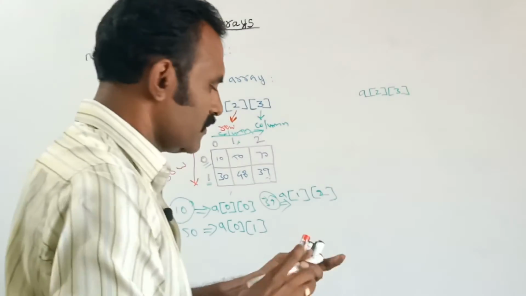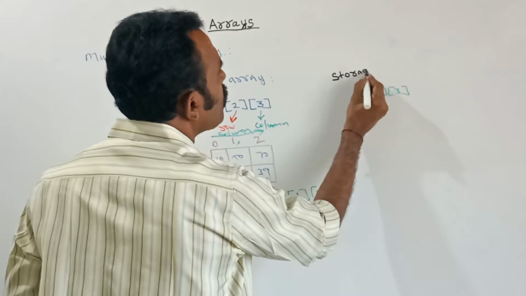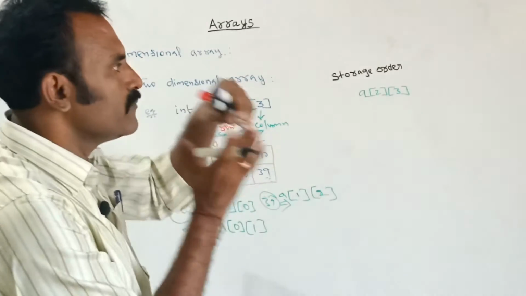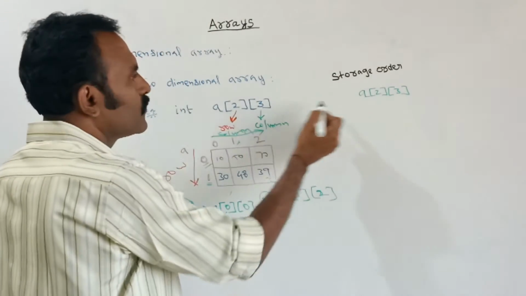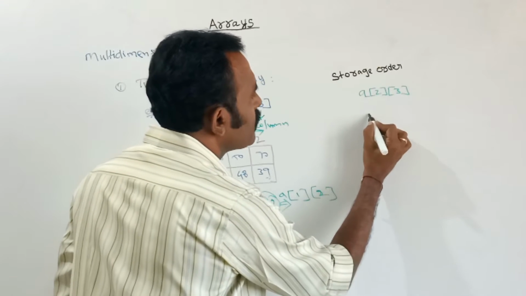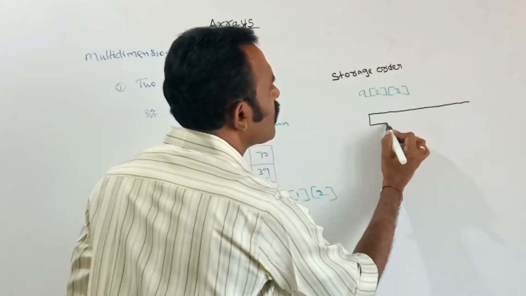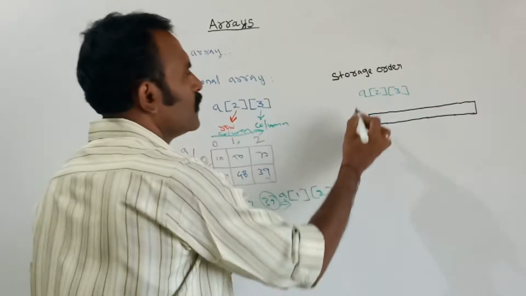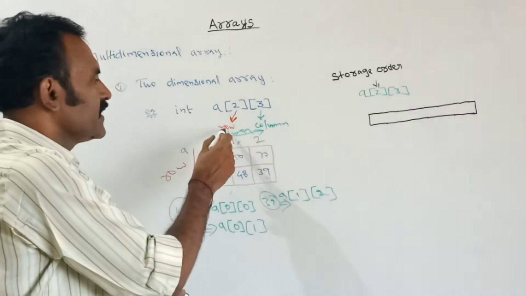Now we are seeing the storage order: in which order the elements are stored inside the memory. Here the variable is A of 2, 3. Very first, in memory, the first subscript value we are referring to as the row.